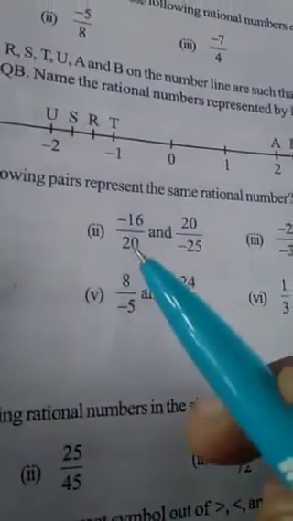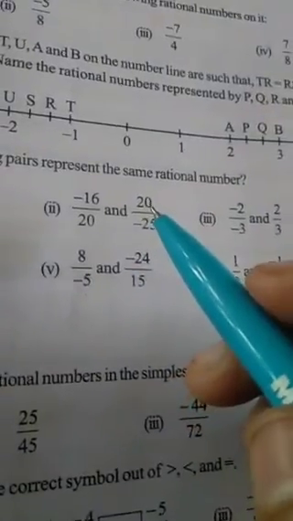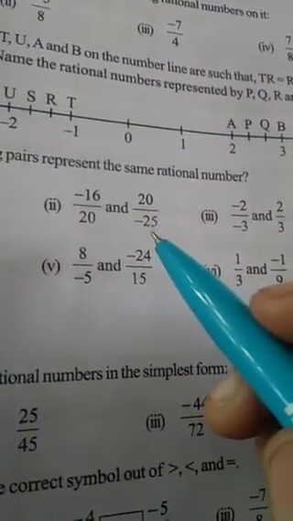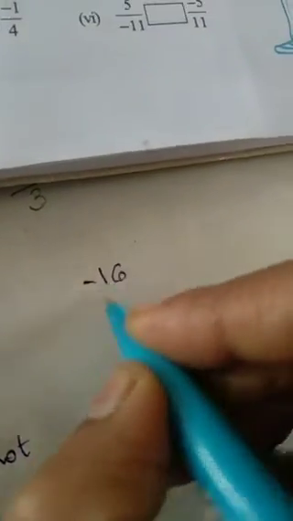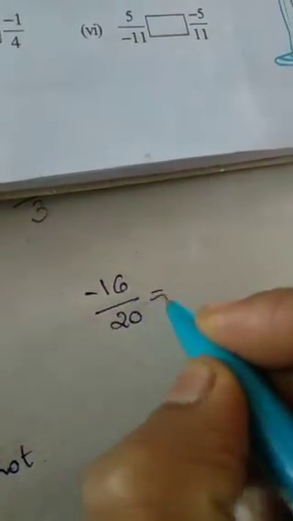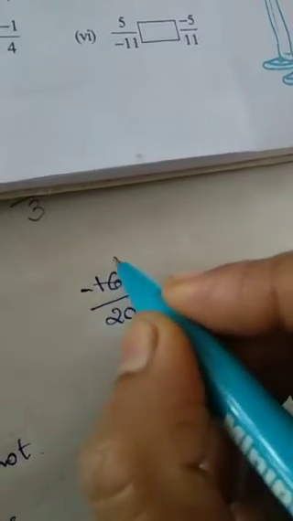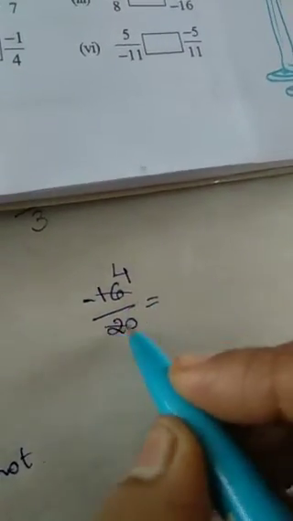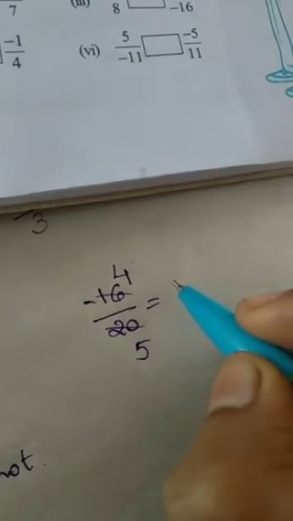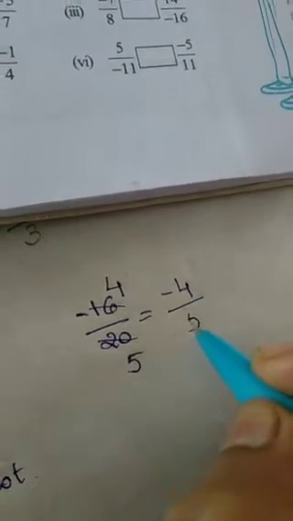See the second one. It is negative 16 by 20 and 20 by negative 25. Negative 16 by 20, if we take the simplest form of this, we will get 4 4s are 16, 4 5s are 20. That means negative 4 by 5.